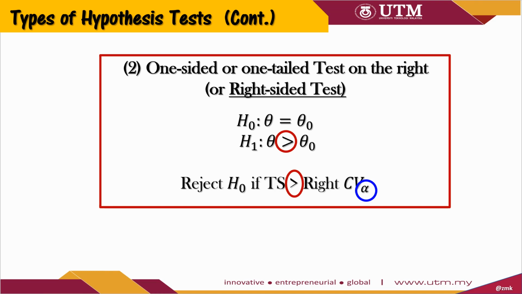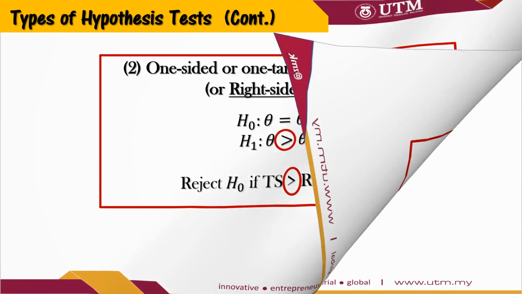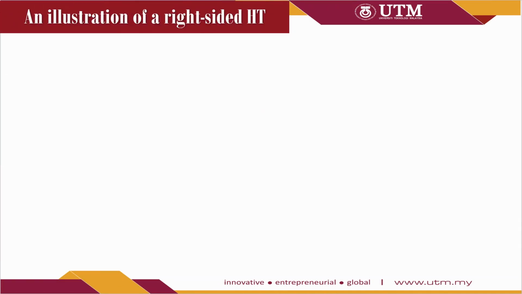Let's look at the next slide for a simple illustration. We use a population mean mu again as our parameter of interest to illustrate a right-sided test. In this illustration, we want to investigate if sample data provide any evidence that mu is greater than a value, say mu naught.